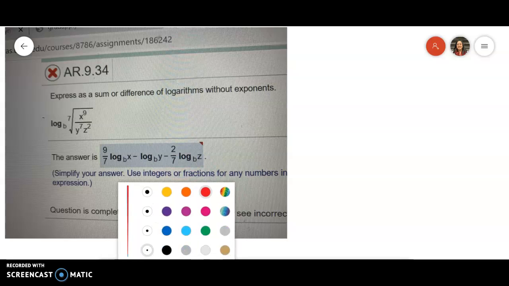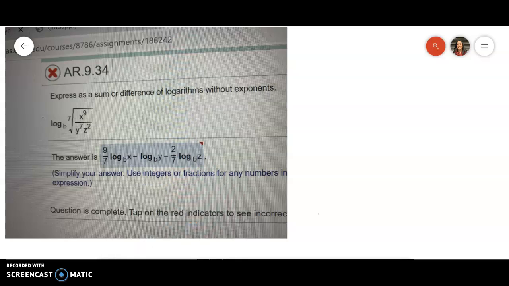So let me get my pens right here. The important thing here is that I want to express this logarithm that they gave me without any exponents. In short, what that means to me is that I want to expand the logarithm.